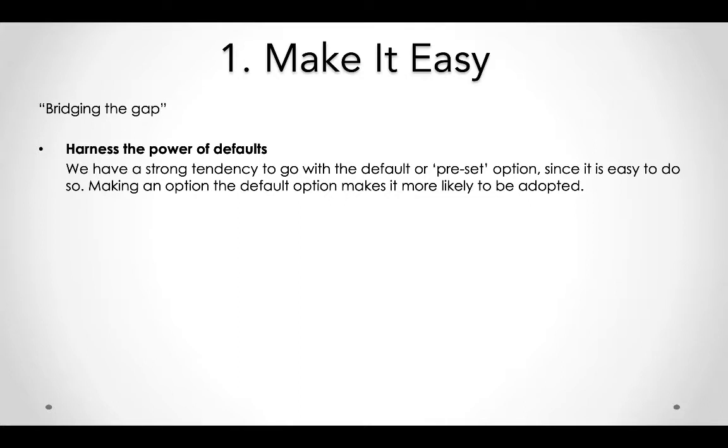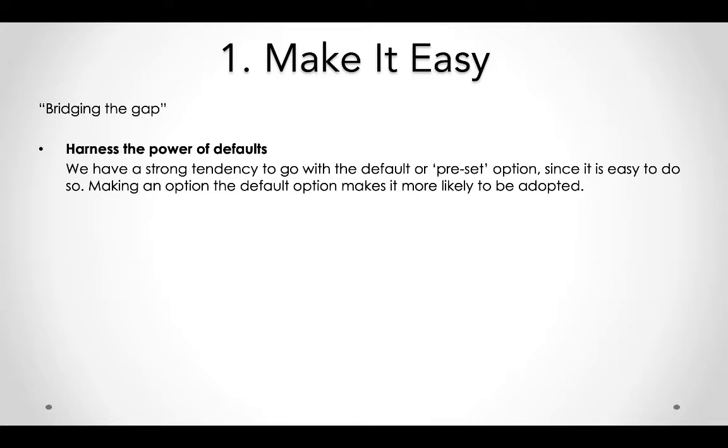So the first principle is make it easy, and it has 3 strong pieces. The first way of making it easy is to harness the power of defaults. We have a strong tendency to go with the default, the preset option, since it is easy to do so. Making an option the default makes it more likely to be adopted. What does it mean? A default is the outcome that occurs if we do not choose otherwise.